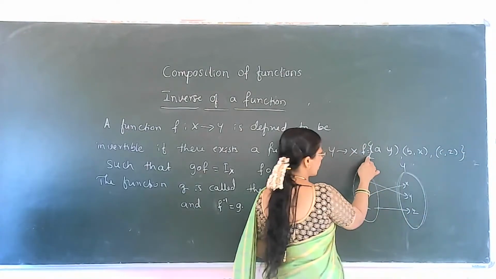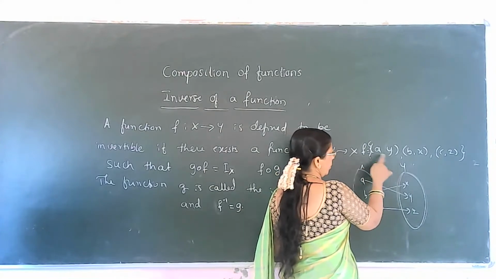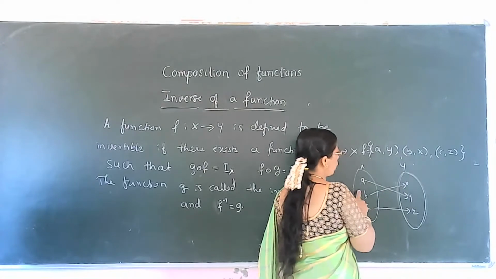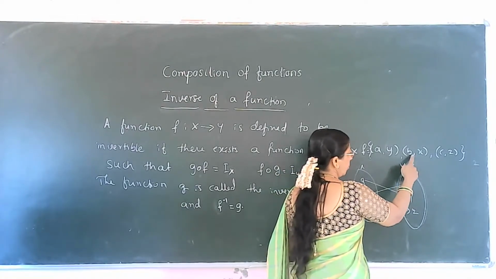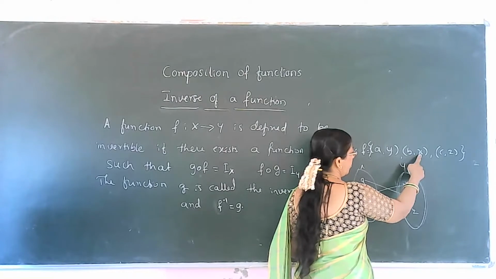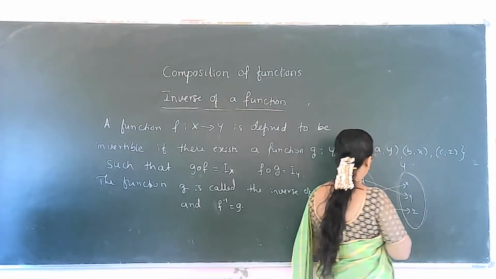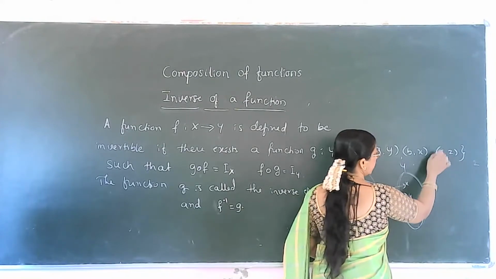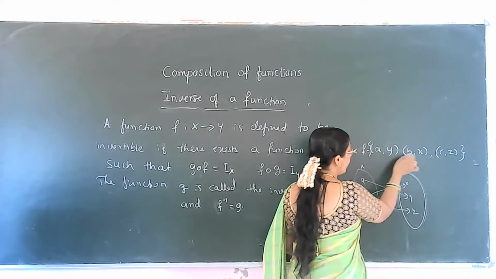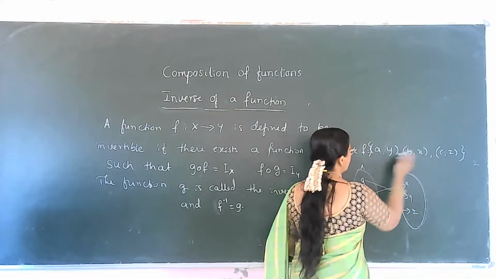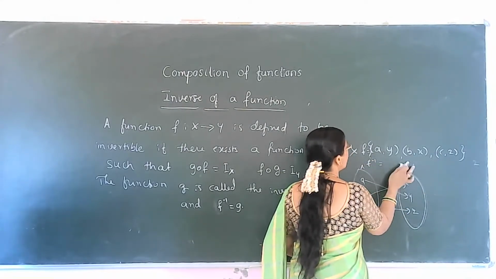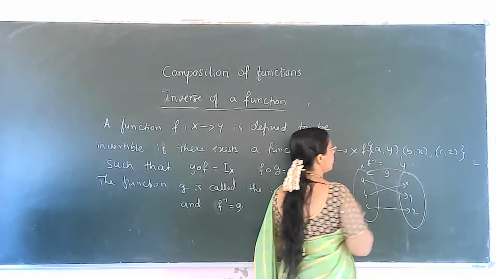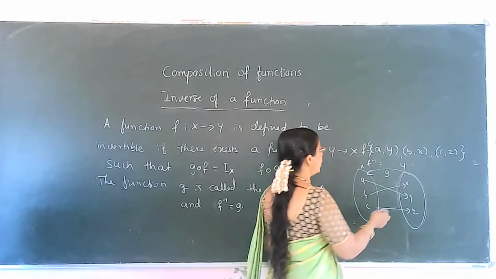F is a function. The element a has an image y, b of domain has an image x, and c of domain has an image z. Here every element of x has an image. Here f inverse, which is equal to its reverse, g is a function from y to x.